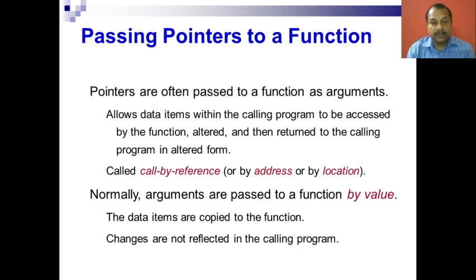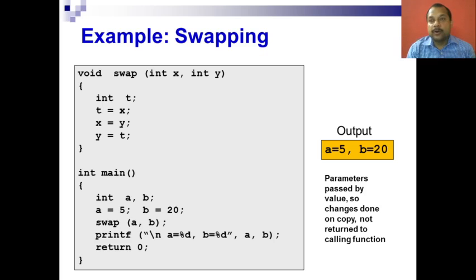Normally we know that we can pass only the value, and in case of passing by value, the change in content is not reflected. So the prime example is this one, swapping two variables. If I look at this integer main, you see that there are two integer variables a and b.